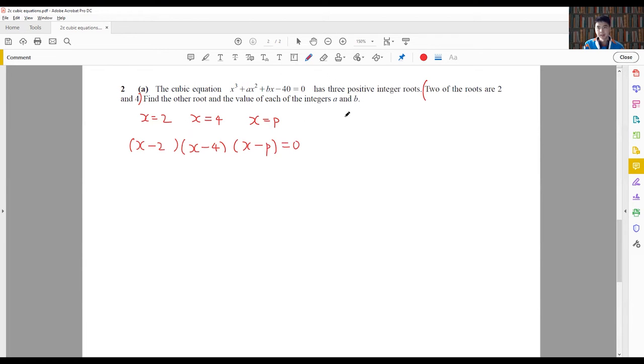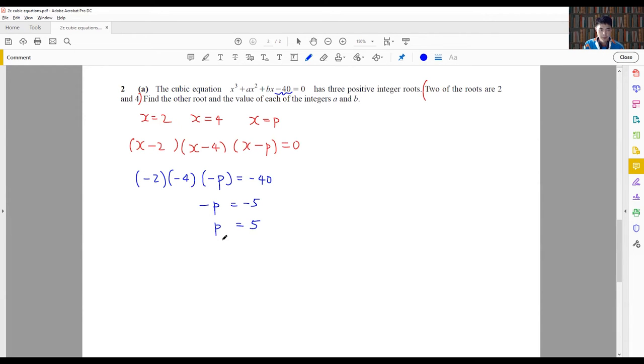Okay, but since I'm only first looking for the value of p, what I can do is write that -2 multiplied by -4 multiplied by -p, to find the y-intercept, is equal to -40. Then solve for p. -p is equal to -5, so p would give us the value of 5.